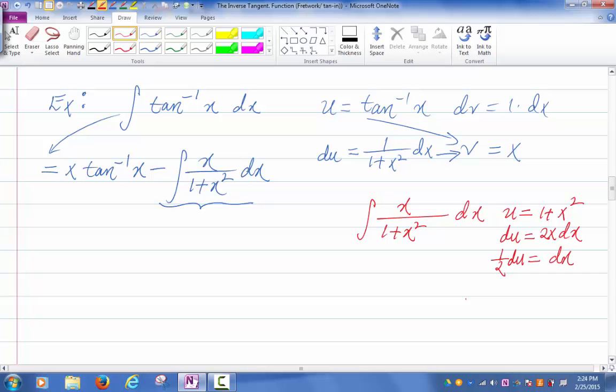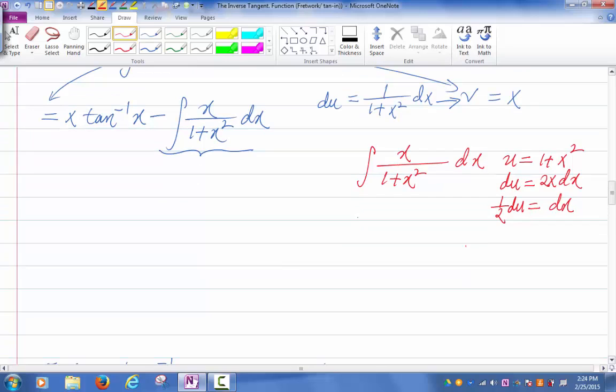So let's make that substitution. What am I going to get here? Yeah, notice that I can combine x and dx into half du. So I get 1 over u times half du. You guys agree with that?